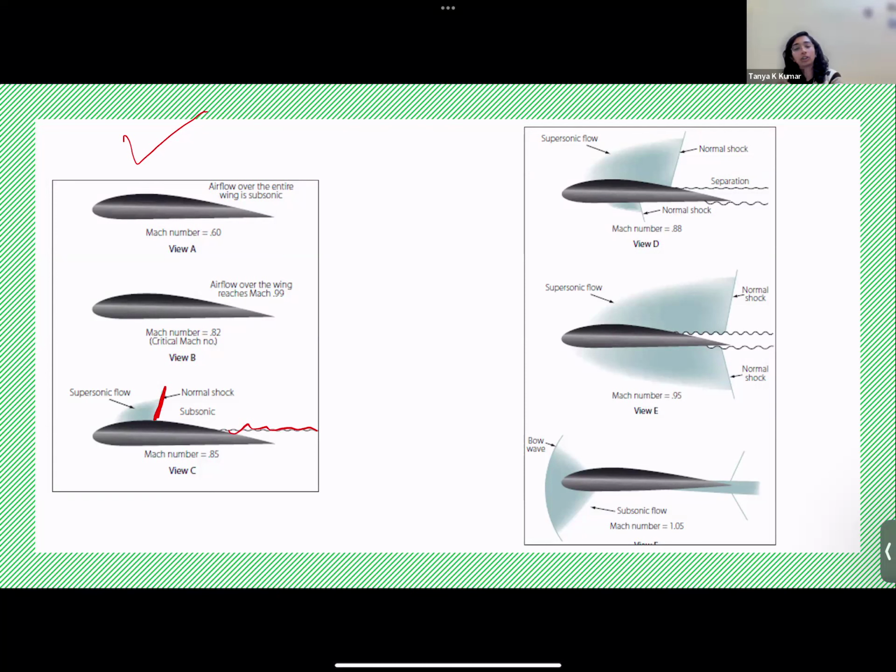As we go on increasing the Mach number, the flight velocity, this shock wave travels aft towards the trailing edge, and there's a definite flow separation at the trailing edge. If it goes beyond this, you have a bow shock at the leading edge and normal shocks at the trailing edge, and the flow is very disturbed. It does not give you the desired characteristics at all. So this was just showing the variation.